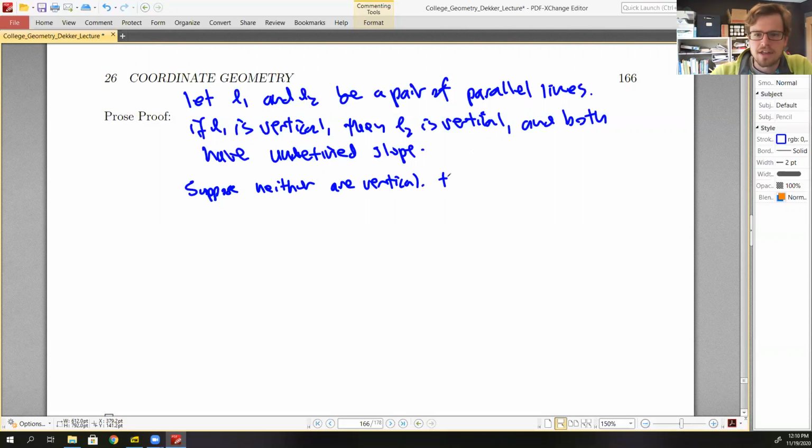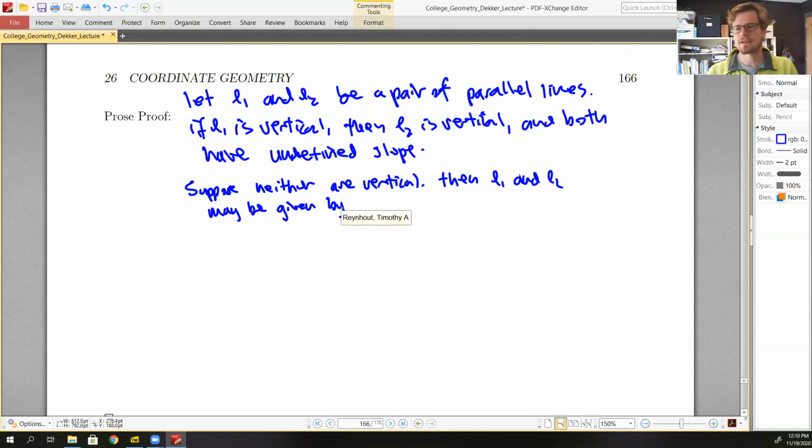Then L1 and L2, our pair of lines, may be given by, so we can identify L1 and L2 by an equation, right? A relationship between the x coordinates and the y coordinates of the points that lie on the lines.